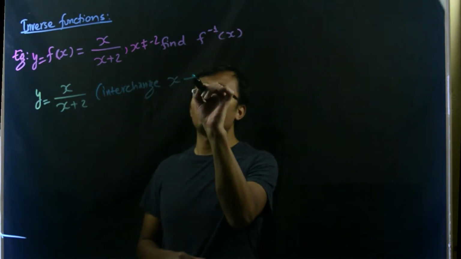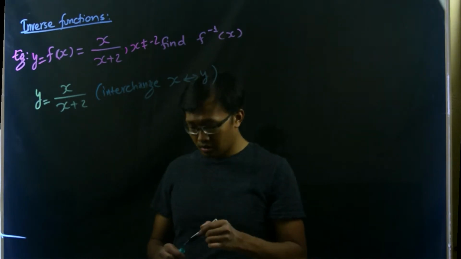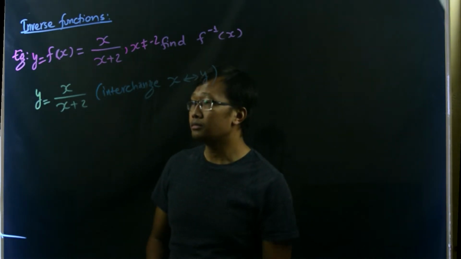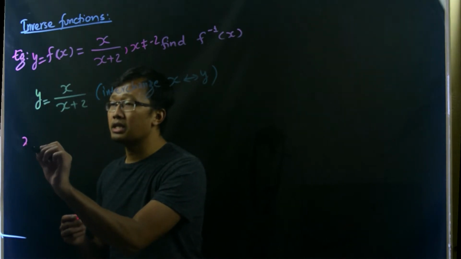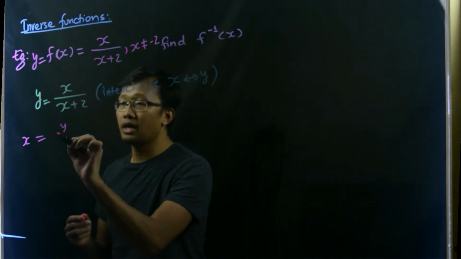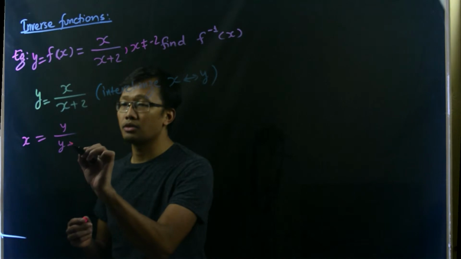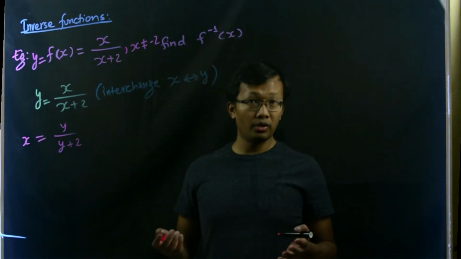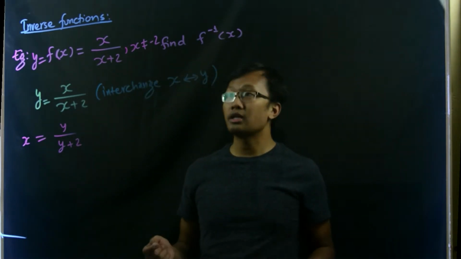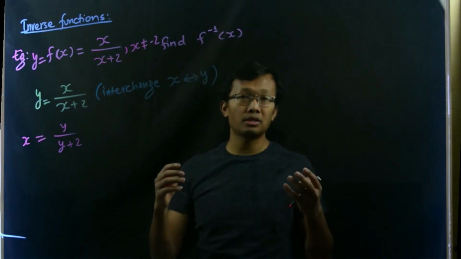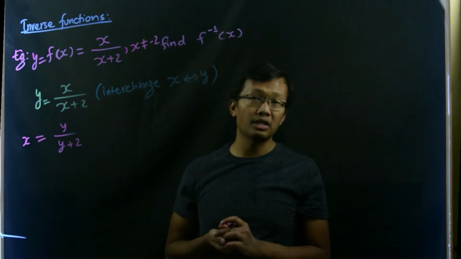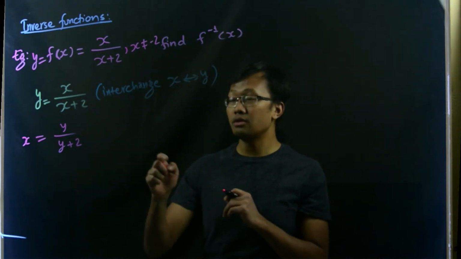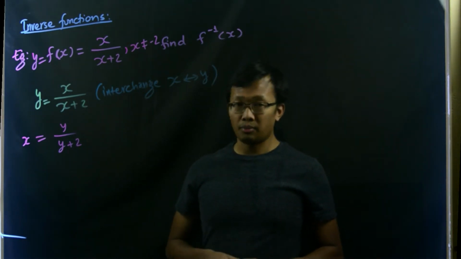Interchange x with y, so that gives us x equals y over y plus 2. This is how we interchange, since the domain and range of f and f inverse are interchanged with each other.